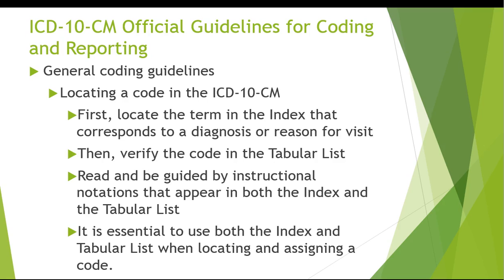Then you're going to flip back to your tabular list to verify that. You're going to read and be guided by any instructional notes that appear in both the index and the tabular list. And remember, it's essential to use both the alphabetic index and the tabular list when locating and assigning a code.